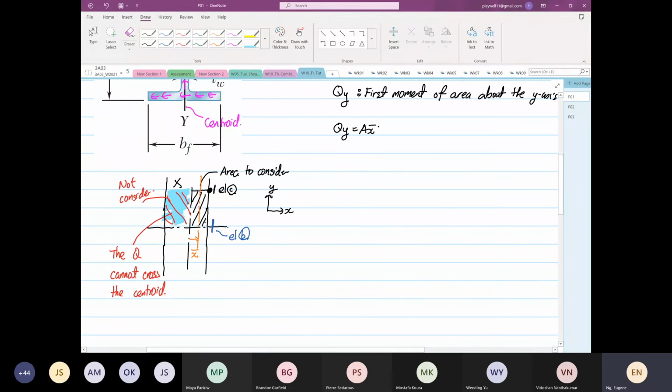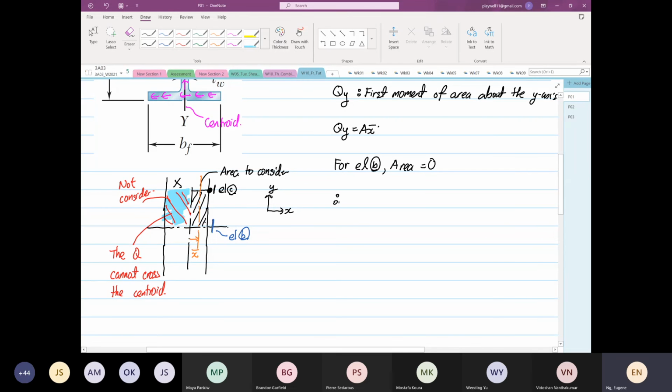Now, coming back to element B. For element B, can anyone tell me, if we look at element B, what is the area? Anyone? For element B? 0. Exactly. So for element B, the area is equal to 0.